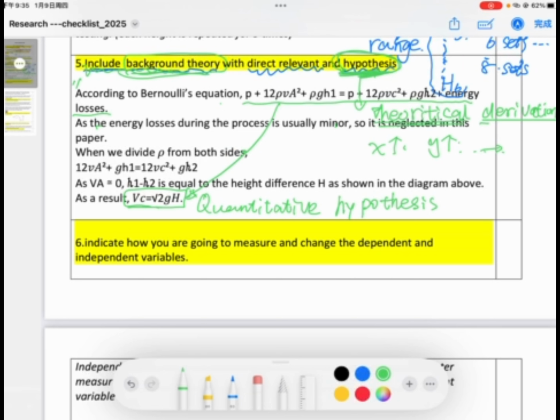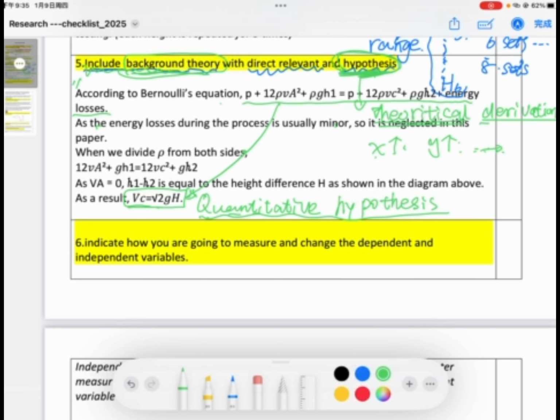Then this quantitative hypothesis will give you some guideline when you're doing your design. But very often, a lot of you are using a very general hypothesis. It is okay, but it will not give you a good mark.